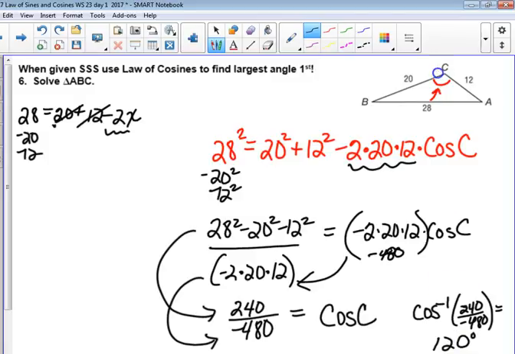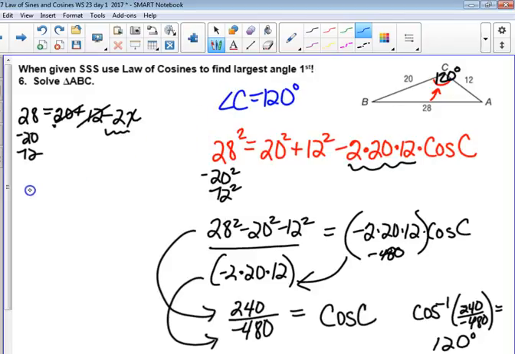All right. Now, once we know that one's 120, and we go to do law of sines to find B or A, are we going to need to worry about two possible solutions at angle A or angle B? No, because we already have the obtuse one, right? All right. So we know angle C is 120.